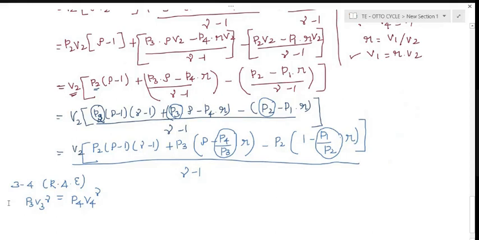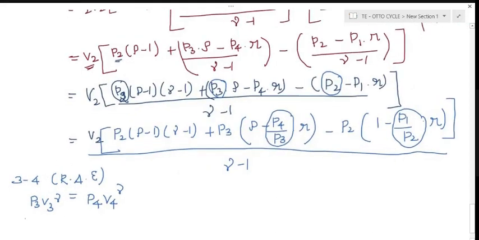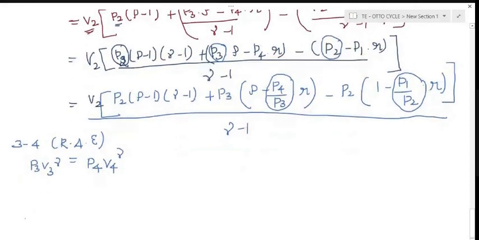Actually we need P3 divided by P4. P3 divided by P4 equals V4 divided by V3, whole power gamma.